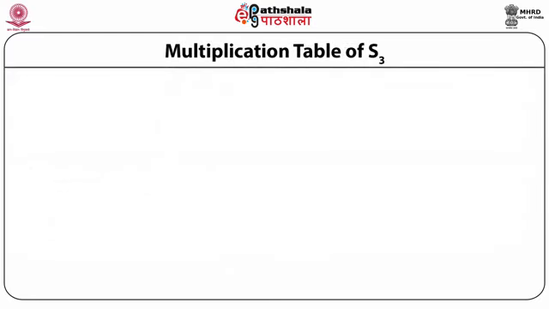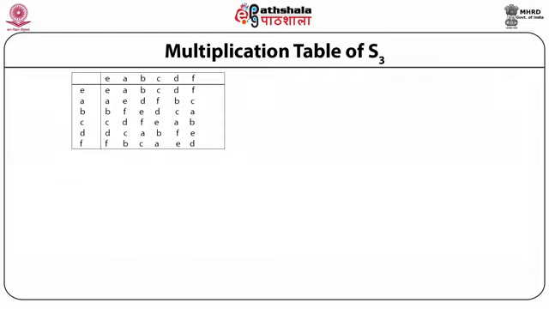We will illustrate the above properties by the example with which we are familiar. Let's once again consider the symmetric group S3 of permutations of three objects. The elements of S3 are written as shown in the slide: E, A, B, C, D, and F with their permutations as shown.